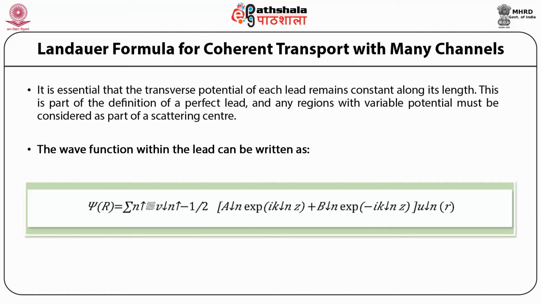So the total energy E is equal to epsilon n plus ħ² kn² by 2m. So states propagate if E is greater than epsilon n and decay otherwise. The factor with the velocity vn of each mode normalizes the states by flux rather than density.